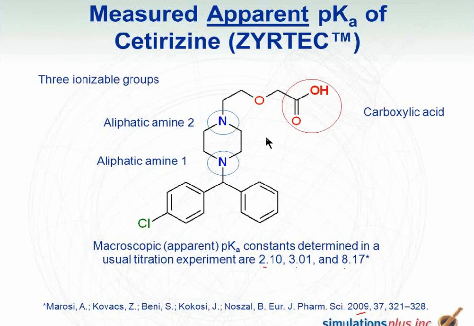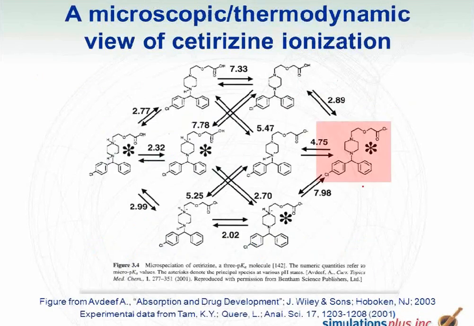So let's start on the right side of the figure in the completely deprotonated cetirizine, highlighted here in red. So we have no protons on here, and we want to add a proton to this, corresponding to the pH being raised in the experiment. So where should this hydrogen go? There's three places it could go.